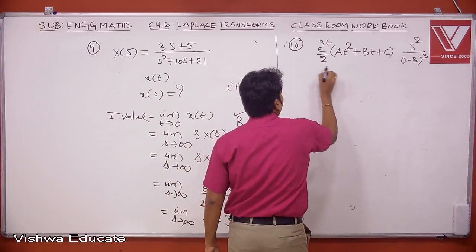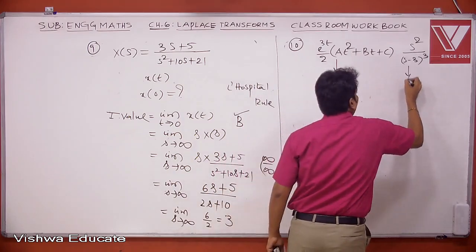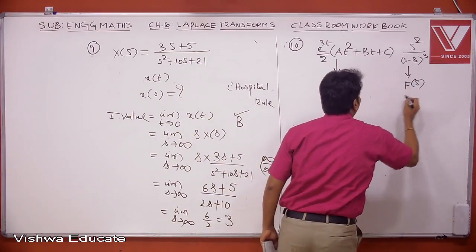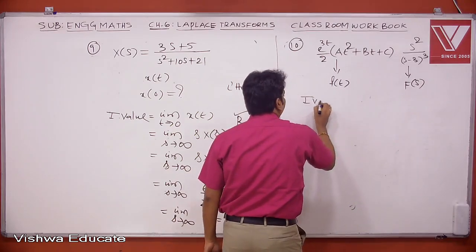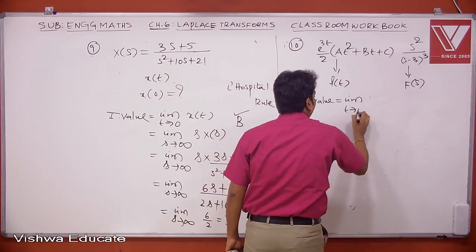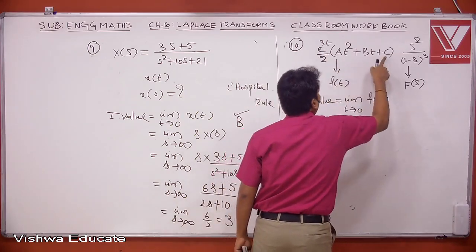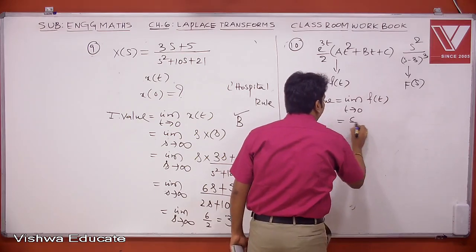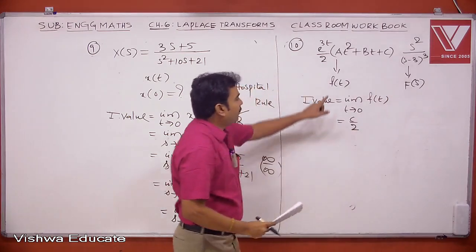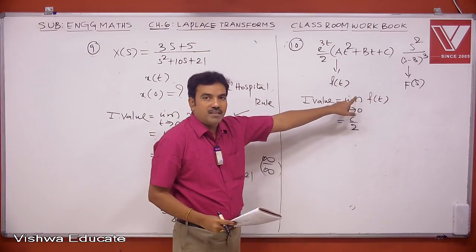Here this is f(t), for example, and this is F(s). The initial value is given by the limit as t tends to 0 of f(t). Replacing t by 0, this initial value becomes c/2. So f(t) is given and capital F(s) is given, and I am applying the initial value theorem.